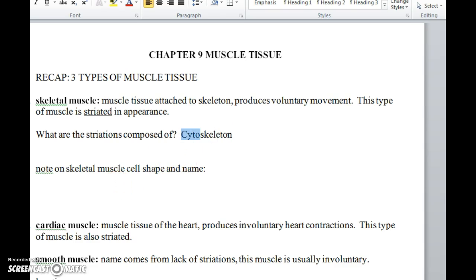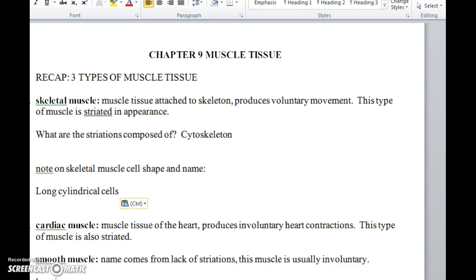And here's what I said a little while ago: a note on skeletal muscle cell shape and name. They don't look like generic cells. In a two-dimensional picture they look like big, long ribbons, but they're really cylindrical, very long cylindrical cells.